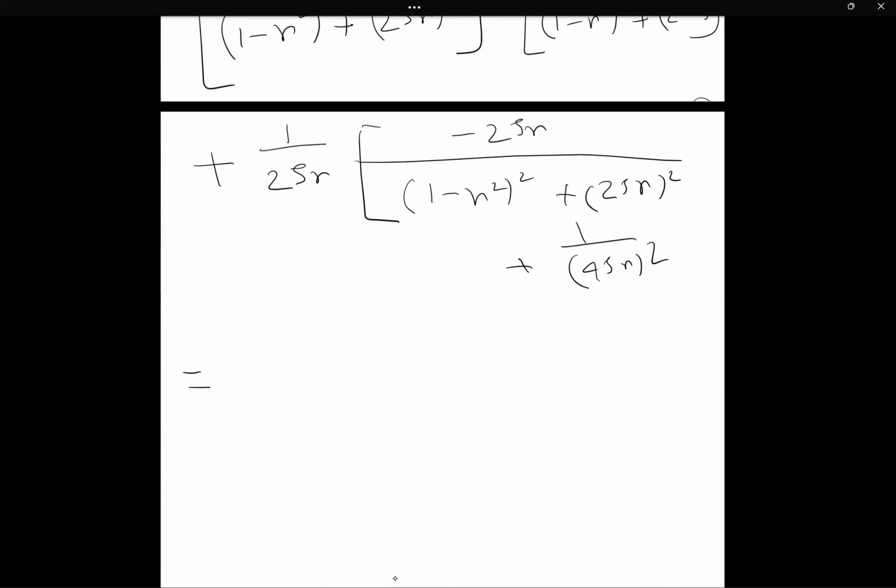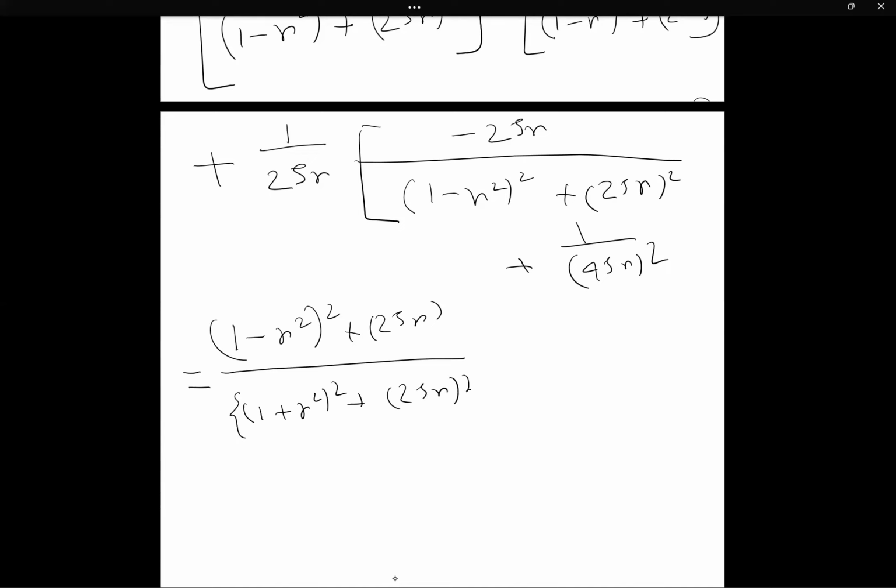Now if I calculate it, I can write it as 1 minus r square whole square plus 2 zeta r, 1 plus r square whole square.